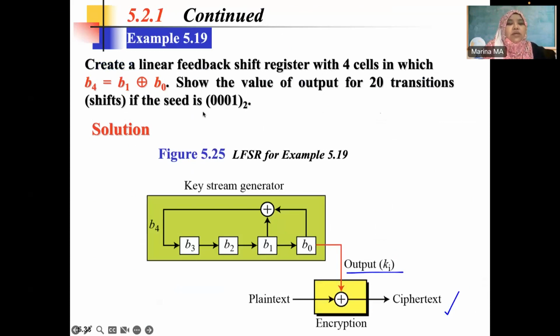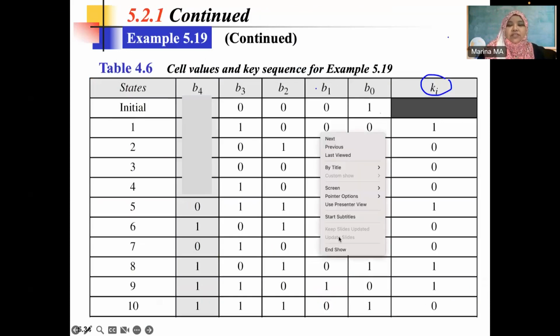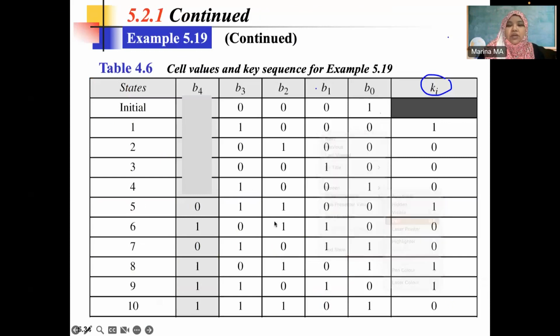B4 is B1 XOR B0. So let's write it down: B1 XOR B0. First, get the value. So 0 XOR 1 is 1. Different values, it's true. 0 XOR 1 is 1.